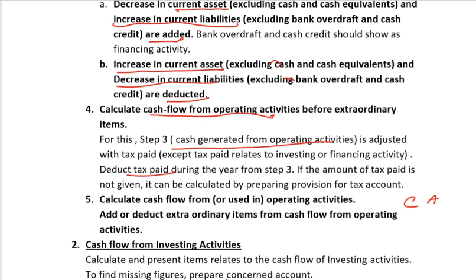Okay, at that time we are getting the cash flow from operating activities. From there we see how much is the cash flow from, or cash used in, the operating activity. If any extraordinary item is there, we have to add or deduct as the case may be.